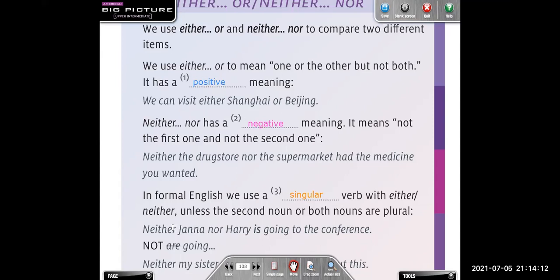Okay? For example, neither Jana or Harry is going to the conference. Como pueden ver, aquí no estamos diciendo neither Jana or Harry are going to the conference, because this is informal. Okay?